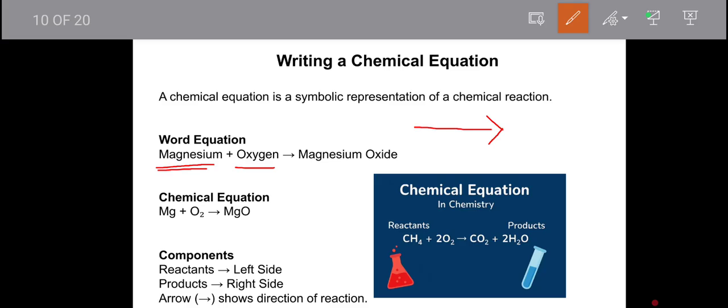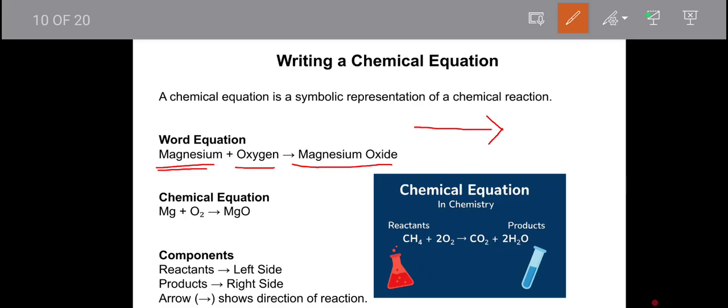When all the reactants are done, you have to use a forward arrow, okay. Now after the forward arrow only, you can represent the product. So here the product which is formed is magnesium oxide. Got it?